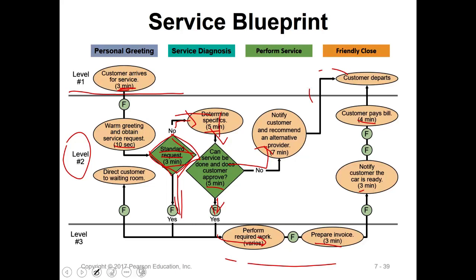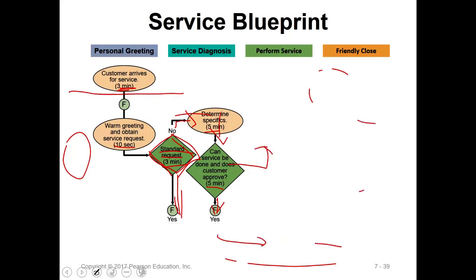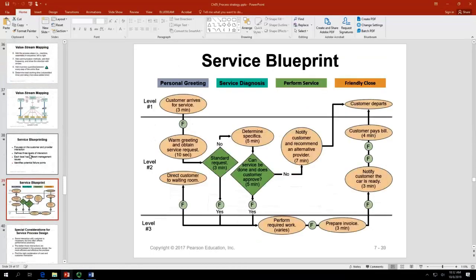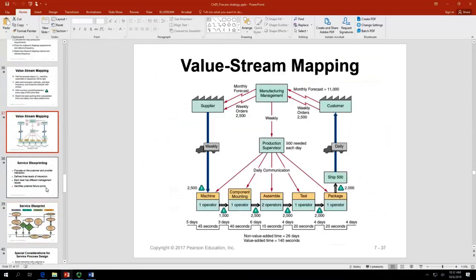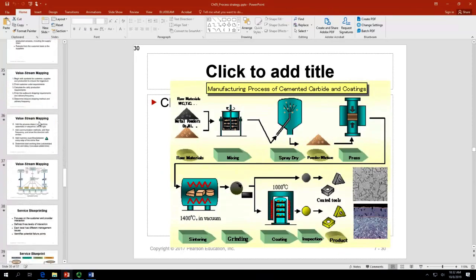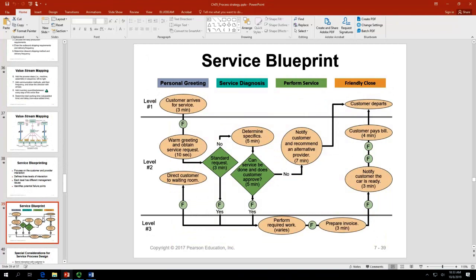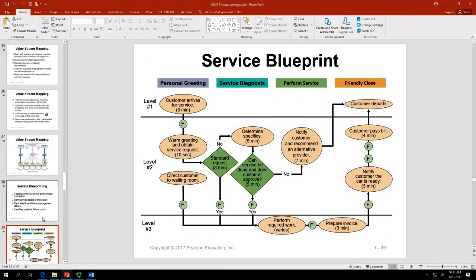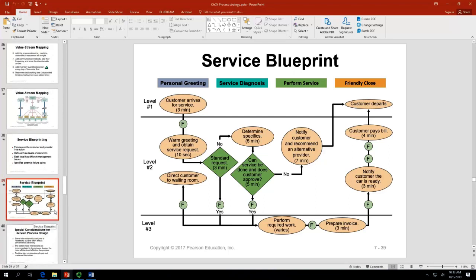And this service blueprint is somewhat similar compared with other charts. A flow chart also gives you the information flow over here, and also includes the decision making, something a flow chart can do as well.